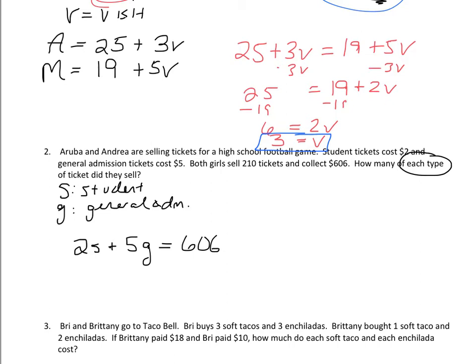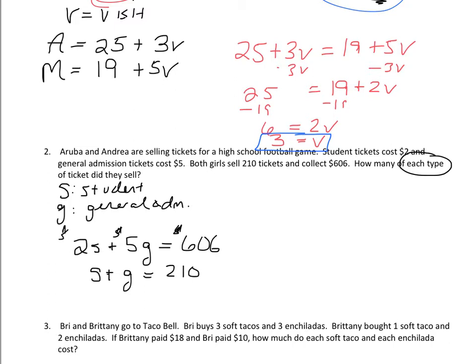You have to have all your coefficients representing money: $2, $5, $606. They sold 210 tickets total, so the amount of students plus general admission is equal to 210. There's your system, and it's set up right now to do some elimination.